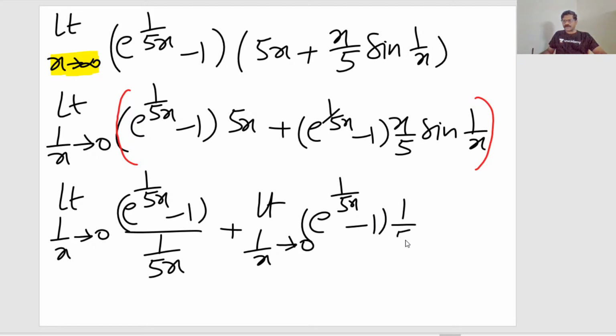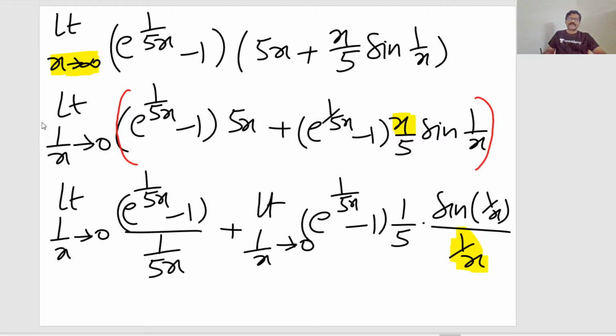I am going to write 1/5 into (sin(1/x)) / (1/x). This x is written as 1 by 1/x. Understood?